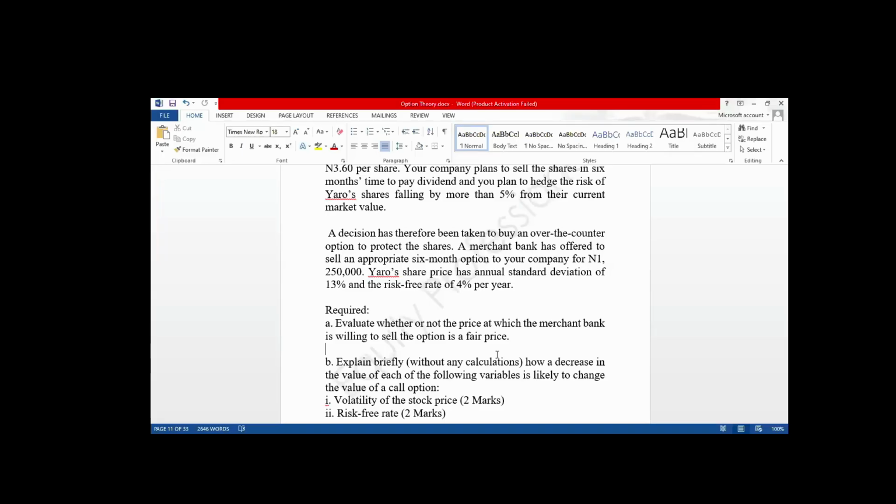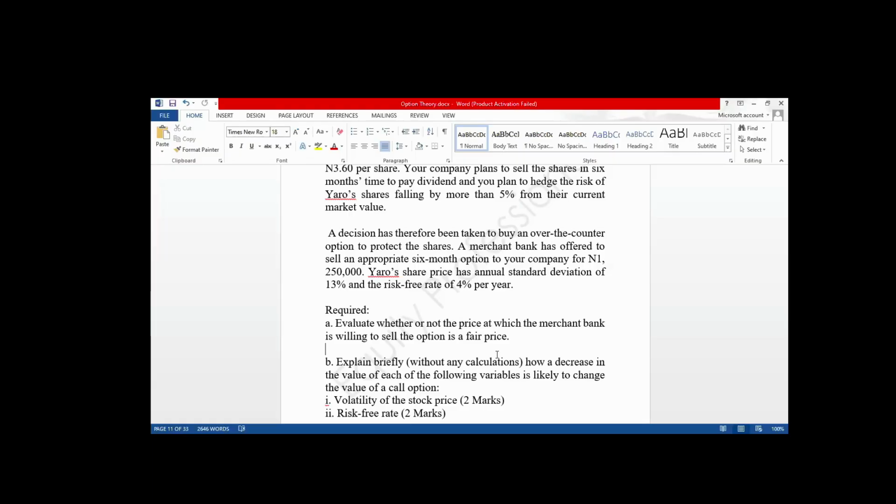You now need to do the valuation yourself. Calculate the appropriate price yourself. We can now compare the price with what the merchant bank is asking us to pay. We now need to do independent calculation.